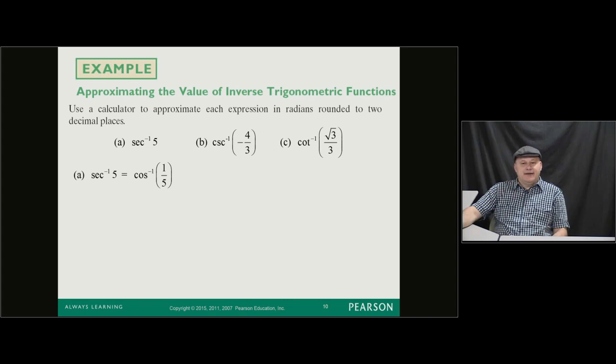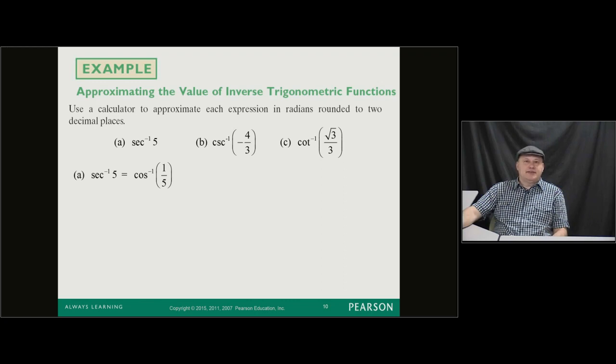The reason it's undefined is because 1/2 is not in the domain of secant inverse. Remember, to apply a secant inverse, the absolute value of x has to be greater than or equal to 1. That means it's got to be more than 1 or less than -1, so you can't put in any number between -1 and 1. So when I say this works for anything, it works for anything that's in its domain. And 5 is definitely in its domain.